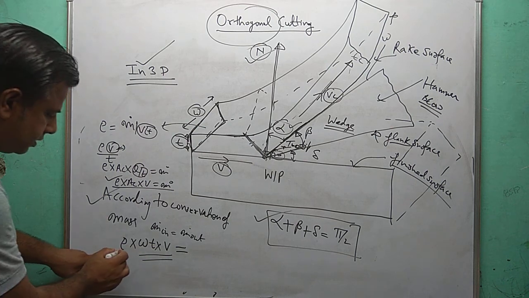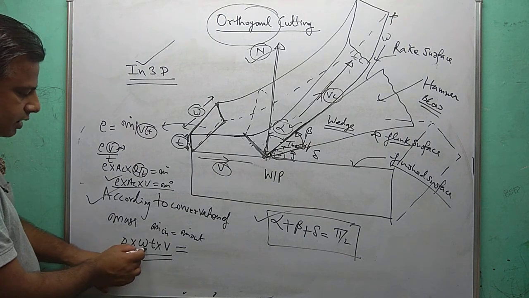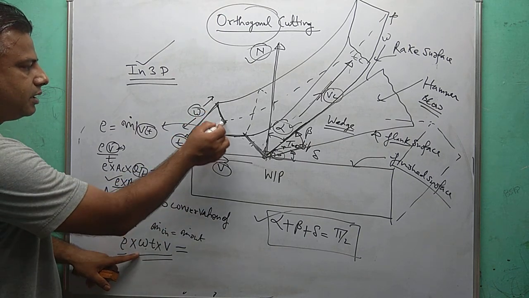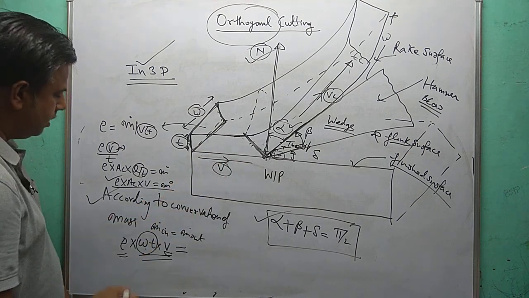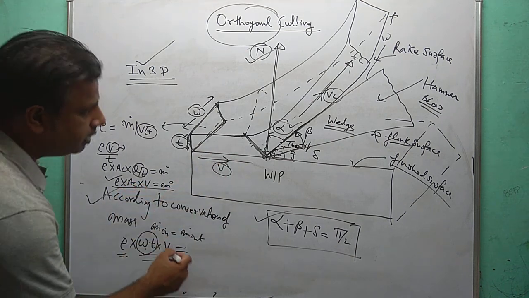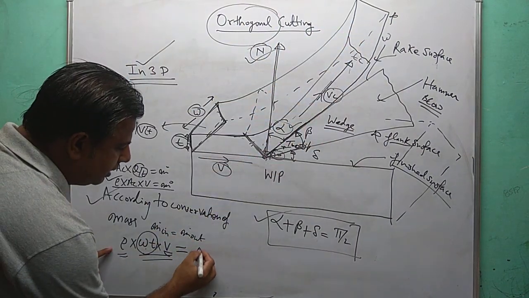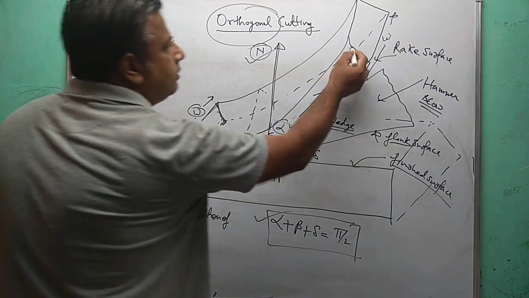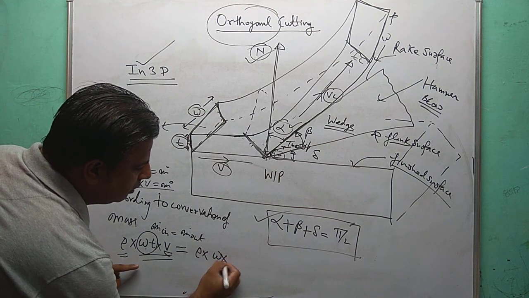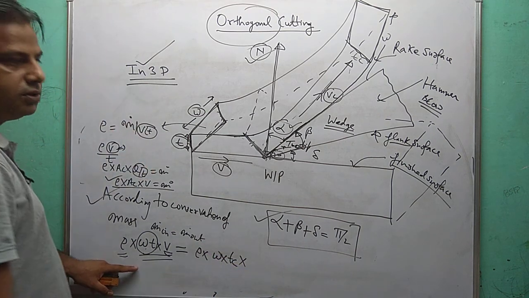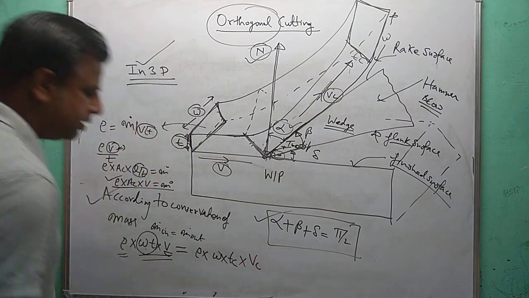Here rho is the density of the work material, which remains constant. W T is the cross-sectional area of this uncut layer, and this is my cutting velocity V. Similarly, for the coming out section, rho is the density of the work material, and this is my cross-sectional area of the chip, W into Tc, where Tc is your chip thickness, and the chip velocity is Vc.